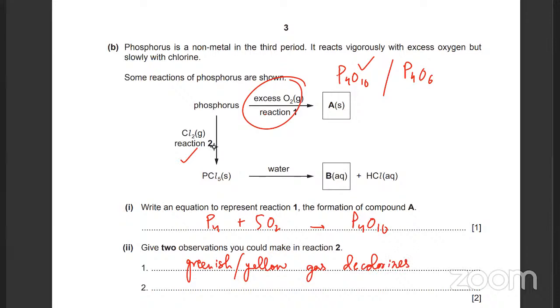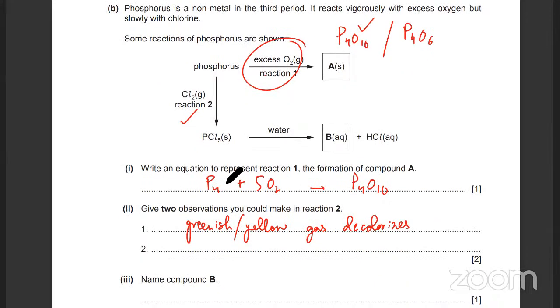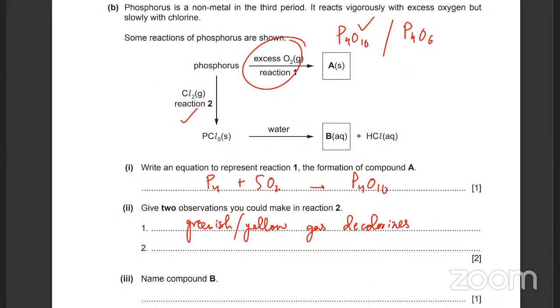And the second one, what is the color of PCl5? White. It's a white solid. So a white solid is going to be formed, name compound B.